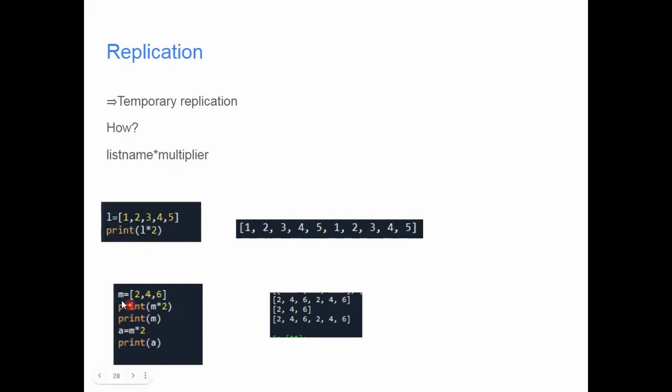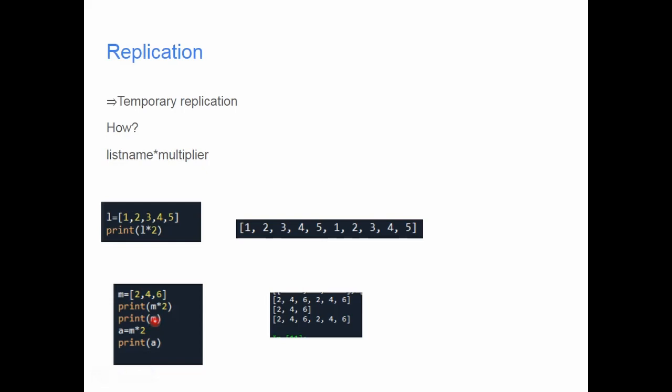So here again we are having a list, which is 2, 4, 6. We are having list m containing the elements 2, 4, 6, and we are multiplying it by 2. So we are getting the elements displayed twice. And if we are going to print only m, the elements are not going to be replicated, because this is temporary replication. It's not going to modify your original list.